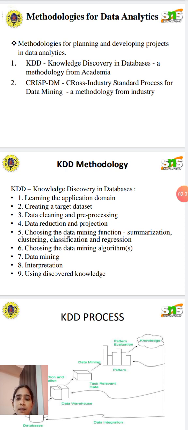Second one is creating a target data set. From the set of data collected and the objectives to be achieved already defined, available data must be chosen to carry out the study and integrate them into a single one that can help to reach the objective of the analysis. Many times, this information can be found in the same source or can also be distributed.